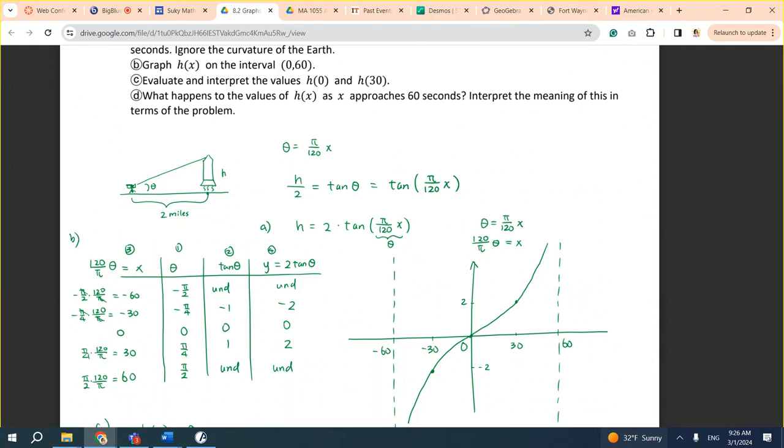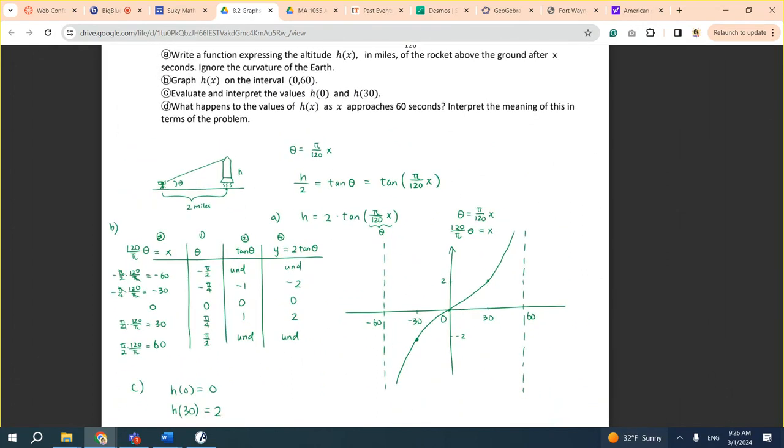It's increasing. Part C: evaluate and interpret the values h of 0 and h of 30. H of 0 is 0. This means at the beginning, the rocket is on the ground. And after 30 seconds, the rocket is at 2 miles high.